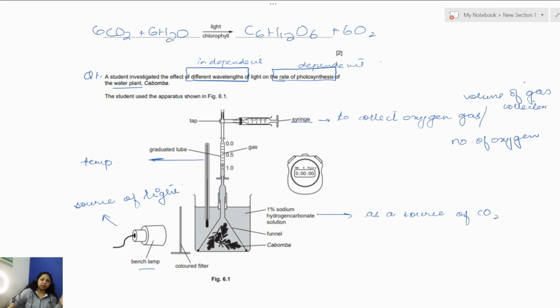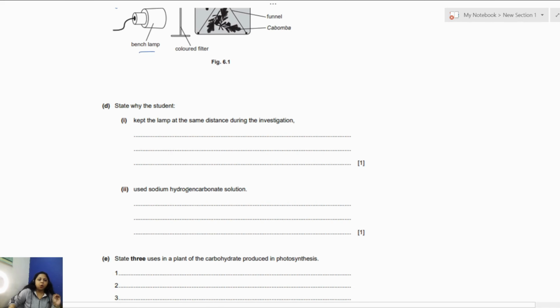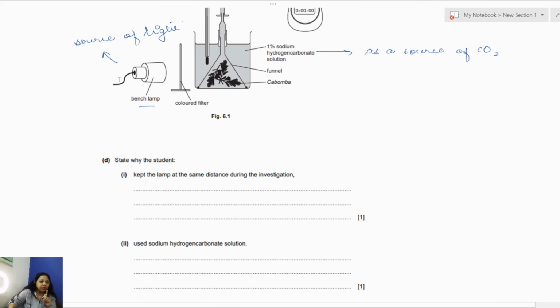We cannot change the terms. The next thing is keeping the lamp at the same distance during the investigation. Why should we keep the distance the same? Why should the distance be the same? Yes.